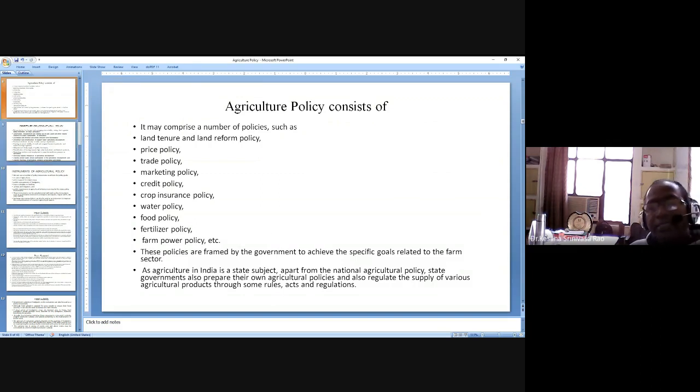Because there is interstate trade and international trade, both are there. So how prices can be fixed, and how the trade of agriculture commodities takes place, are all things which the government looks after.